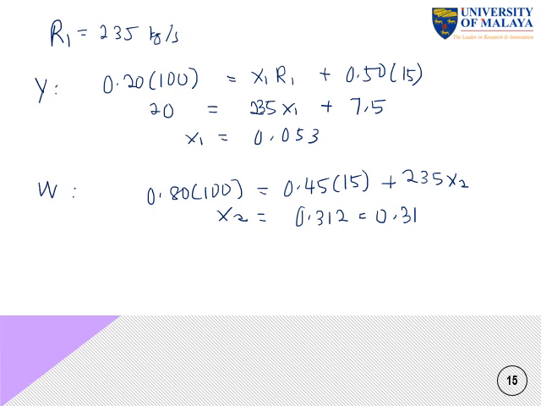To find x3, you can either use a balance on S, or an easier way is, because you already know x1 plus x2 plus x3 equals 1, so x3 is 1 minus x1 minus x2.